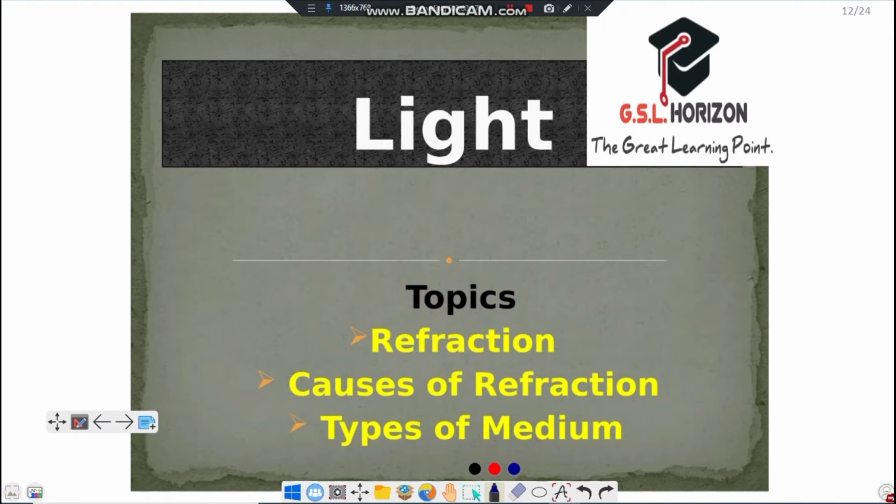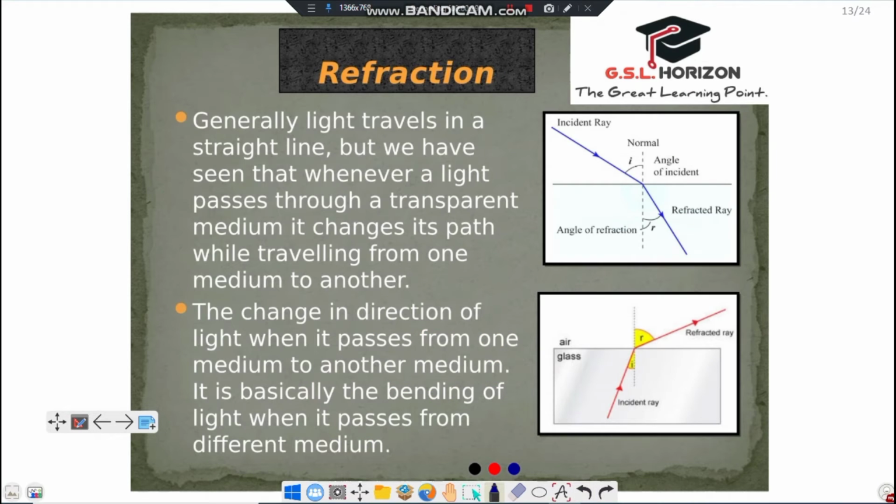Friends, now come to the next topic: refraction, causes of refraction, and types of medium. So friends, let's come to our point, refraction. Generally light travels in a straight line, but we have seen that whenever light passes through a transparent medium, it changes its path while traveling from one medium to another.